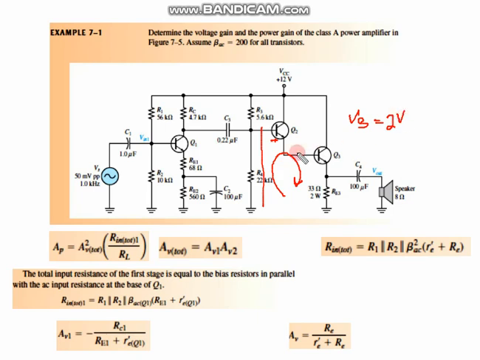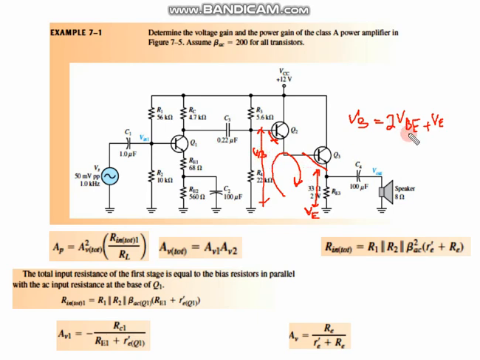Why? We have two junctions, one from here to here, and then again one from here to here. So 2 VBE plus VE. VE is somewhere over here. This is your VE, and this is your VB.